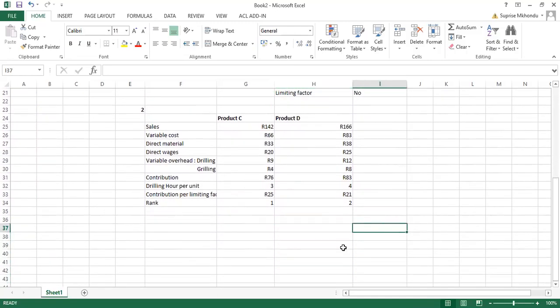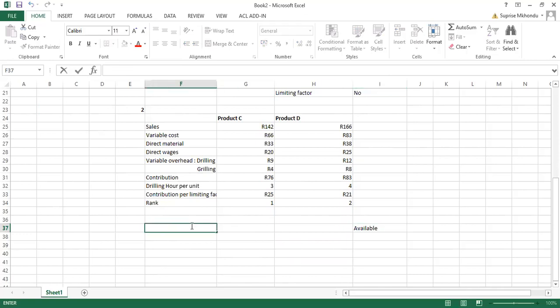So let me do this. Available product units. So here we'll have product C. Here we'll have product D. Guys, there's something there.